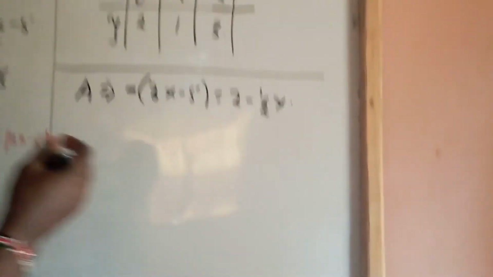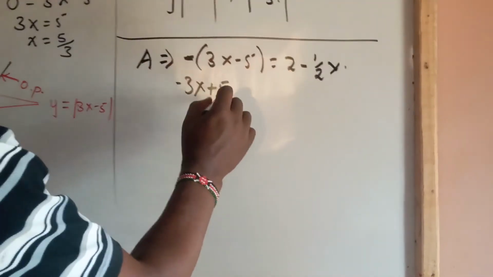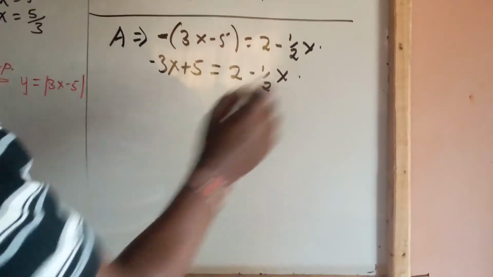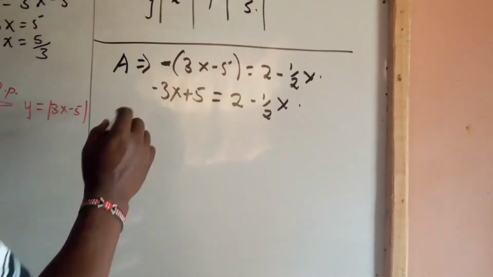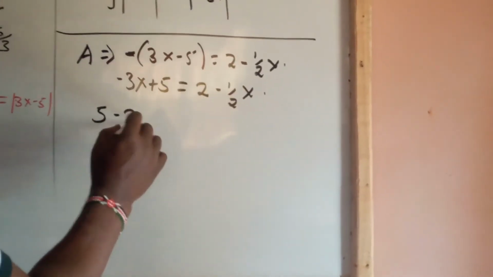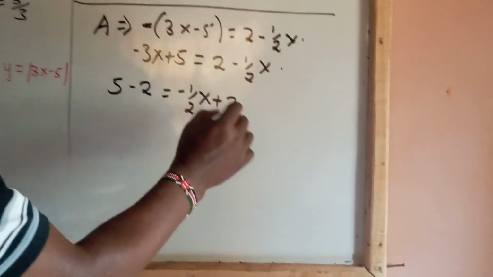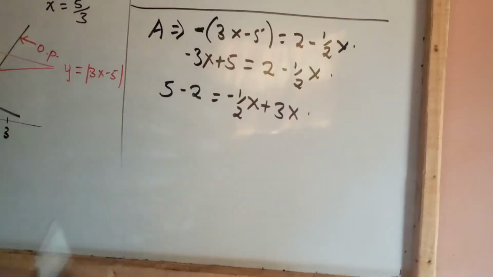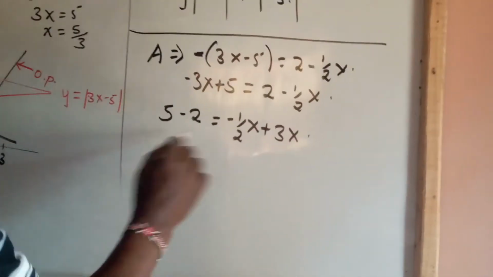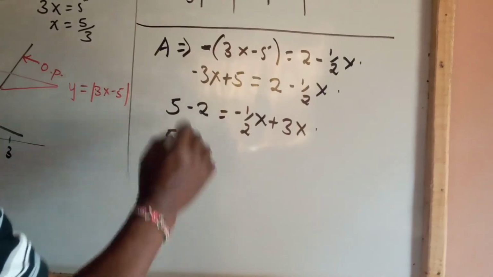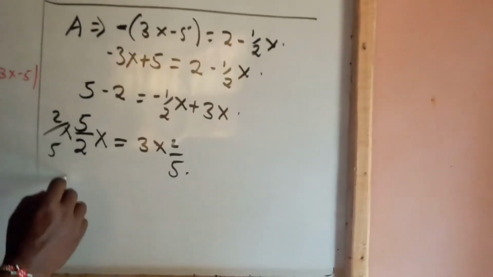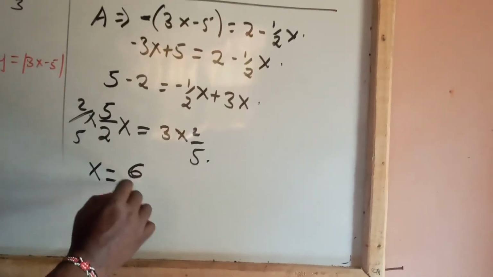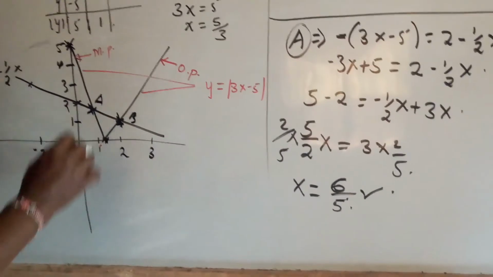Opening the bracket, -3x + 5 = 2 - (1/2)x. Bringing this side, 5 - 2 = -(1/2)x + 3x. 3x minus a half x is simply 2.5x, which is 5/2 x, equals 3. Multiplying both sides by 2/5, x is 6/5 at point A.